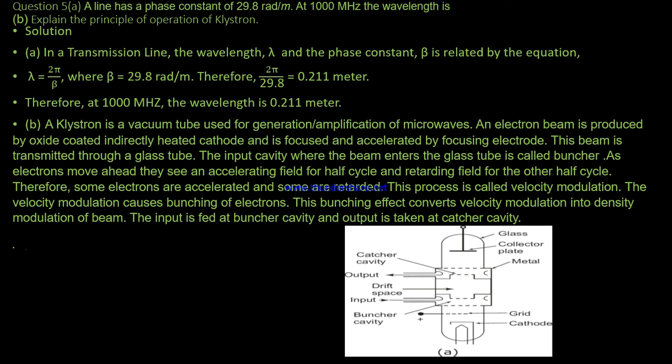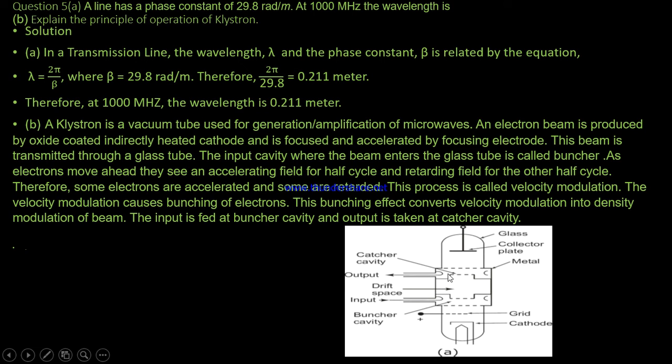Now, the input is fed at the buncher cavity and the output is taken out at the catcher cavity. This is the catcher cavity and this is the buncher cavity, between which we have the drift space where acceleration and deceleration of electron movements take place. You can see the grounding, and we have the cathode.